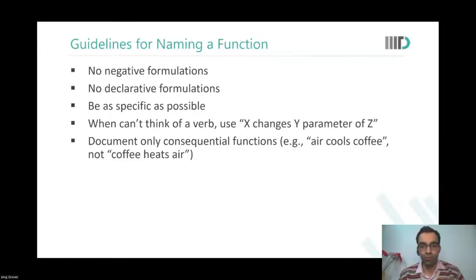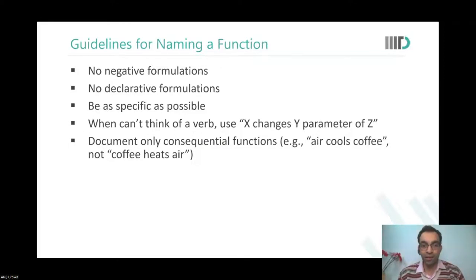We took the example of coffee. We said that typically "air cools coffee" is a function of consequence, and "coffee heats air" is not a function of consequence. However, if you were the one designing the air conditioning of that barista cafe or the Cafe Coffee Day, then how many customers there are and how many hot coffees are being sold is a parameter of interest to you, because that coffee would be heating the air, and the primary function of your engineering system is to cool the air.